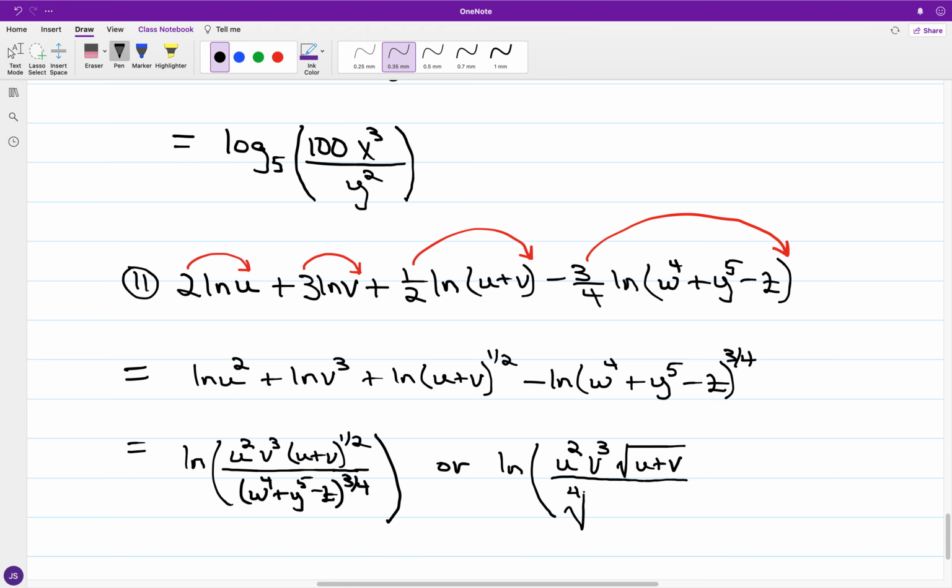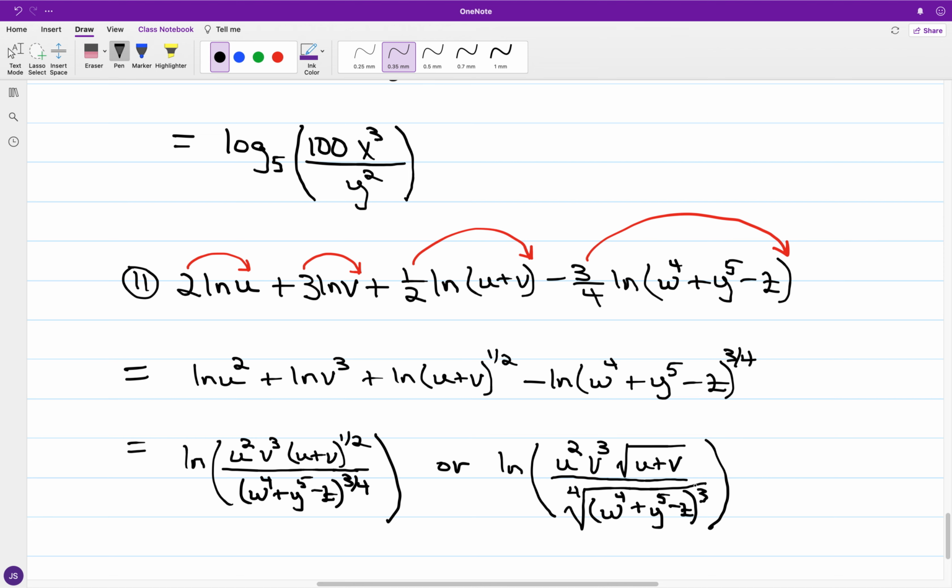So we have a 4th root, and it's going to be the 4th root of the cube of this collection. So this is another way that this result can be written.